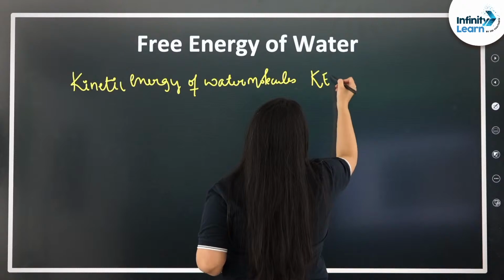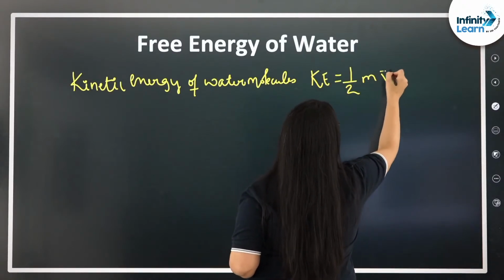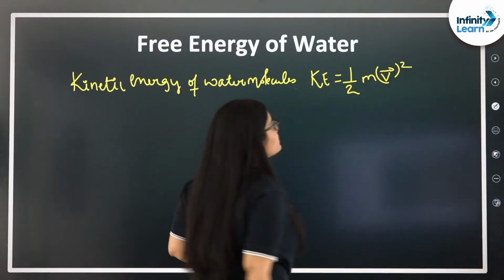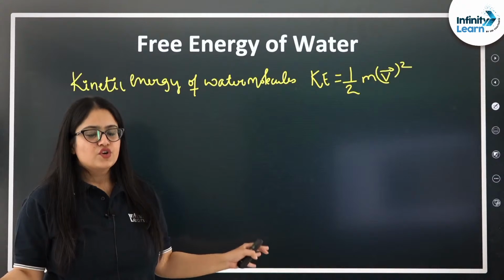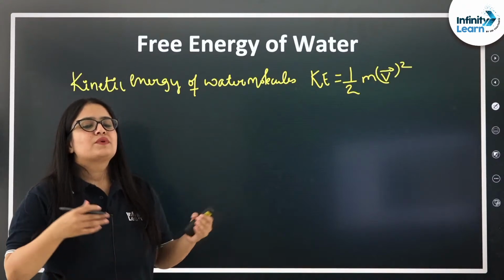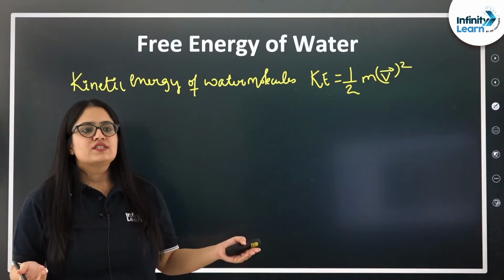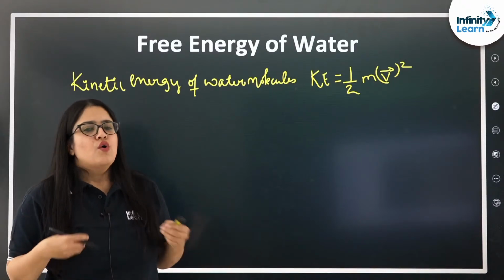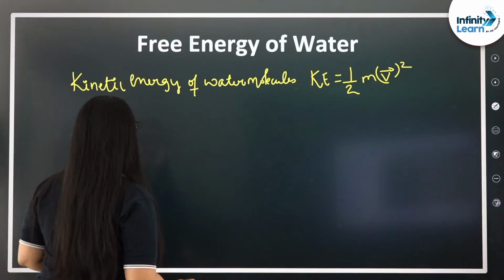The simplest way in which you can present kinetic energy is half mv square. This is how you represent kinetic energy. So see students, water, either present in a physical system or in a biological system, in both these systems, water molecules will be in random motion.